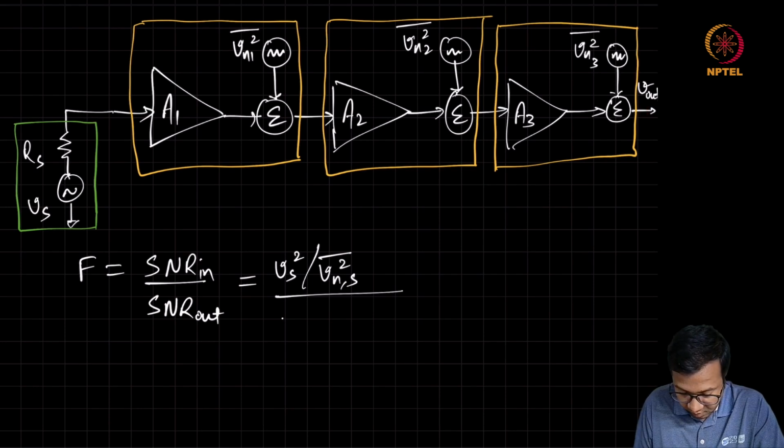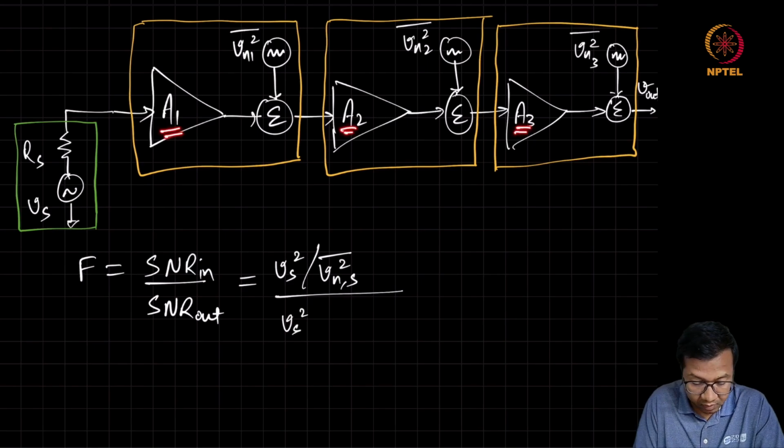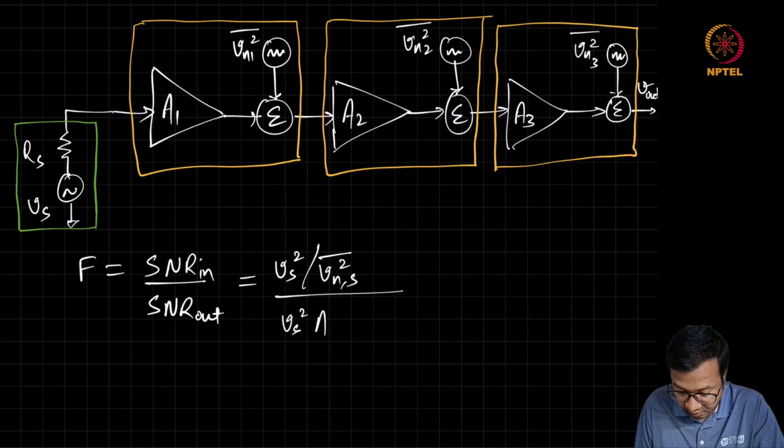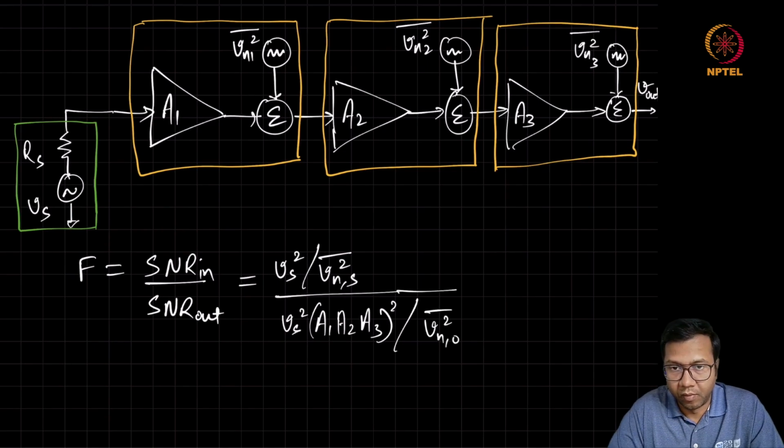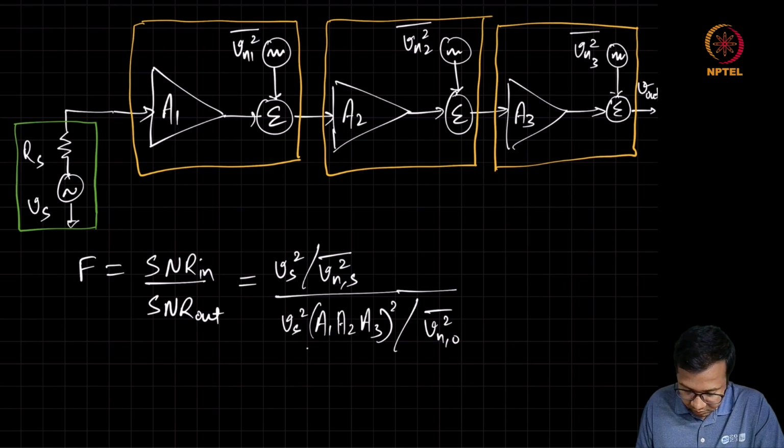So this is going to be Vs square multiplied by (A1 A2 A3) whole square, that is the signal power at the output, divided by the total output noise. Let me just call it Vno.